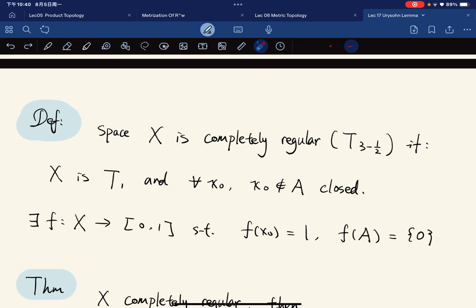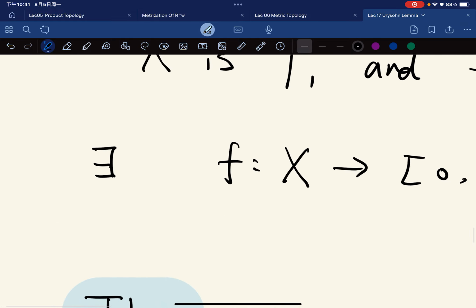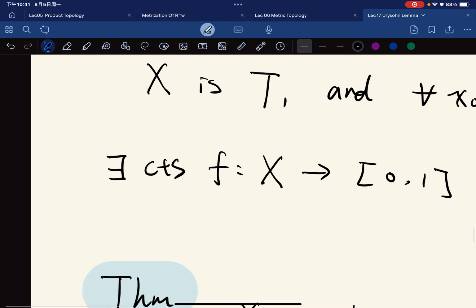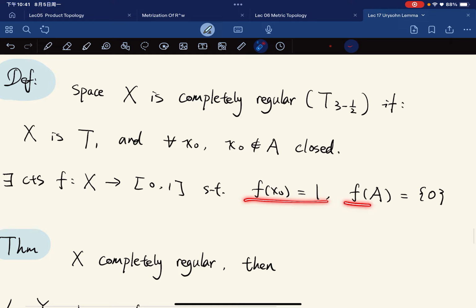And we say that a space X is completely regular if it is T1, first of all, and for any point x naught and closed set A not containing it, there exists a continuous f that separates x naught and A. I have to emphasize continuous.